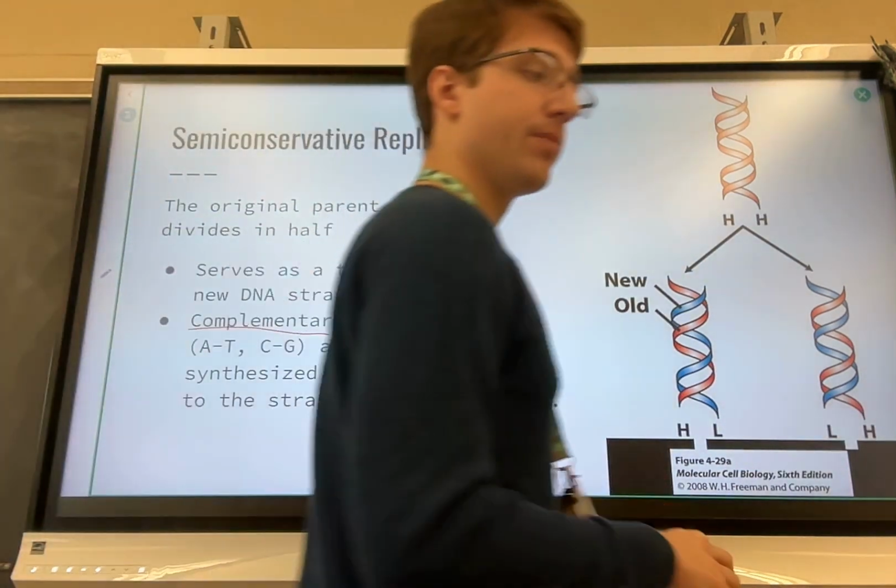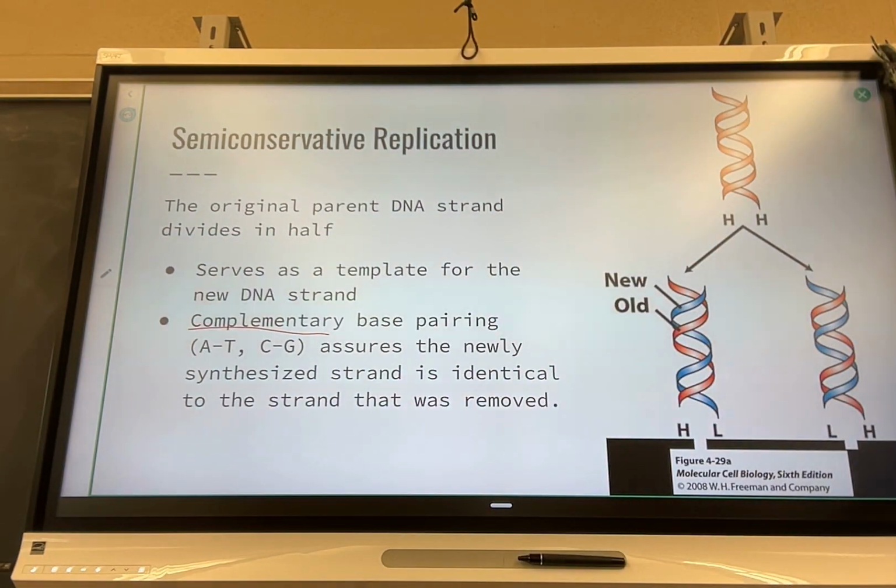But we're not in geometry here, so to complement something is to be kind of the other half. So in your case, two angles add up to equal the full 180. In this, half of the strand, for complementary, we're always going to pair A with T. We're always going to pair C with G.